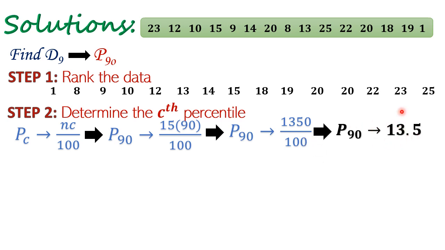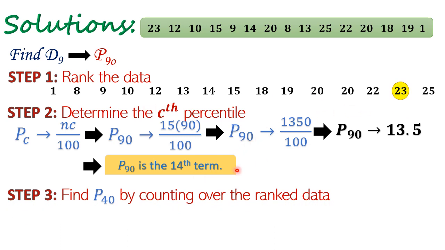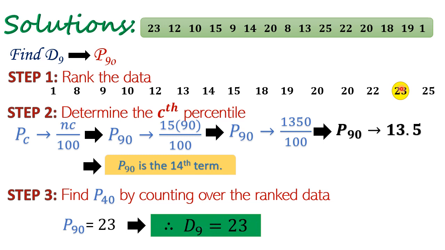Once again, since we got a non-integer for P of 90, we are supposed to apply our second rule, and that is to go on with the next higher integer to 13.5, and that would be the 14th term. Now let's count the 14th term in our ranked data, and there we go, we have 23. So P of 90 is 23, or basically our answer would be D of 9 equals 23. And as easy as that, you're done.